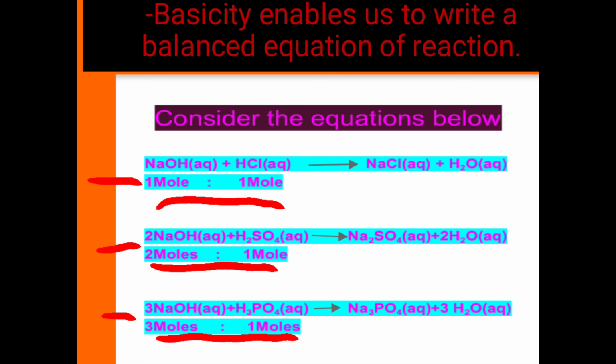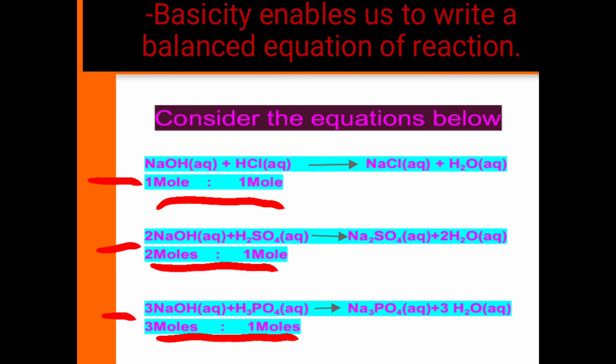Remember, in our practical, we react acids with bases. But you know most of the bases are insoluble in water, and for us, we use solutions. We don't want substances that are insoluble. So we use sodium hydroxide simply because it is a soluble base.